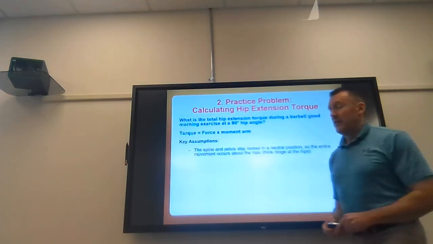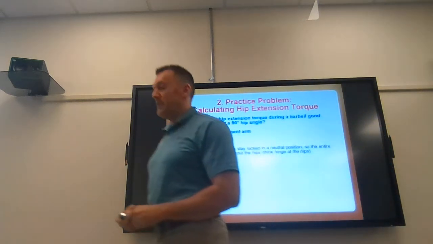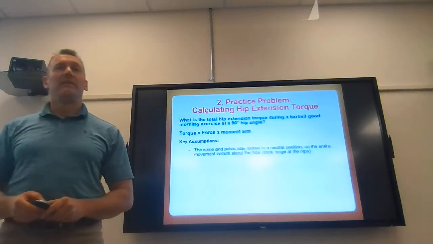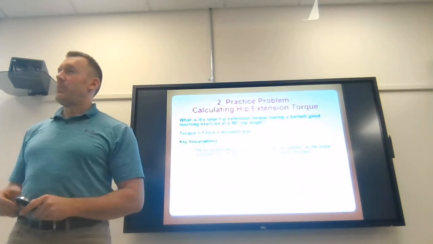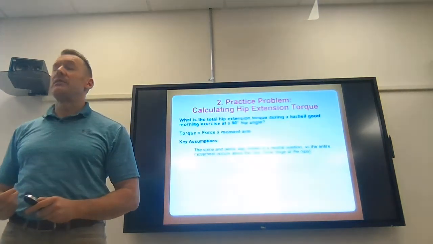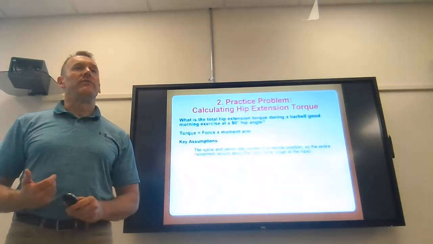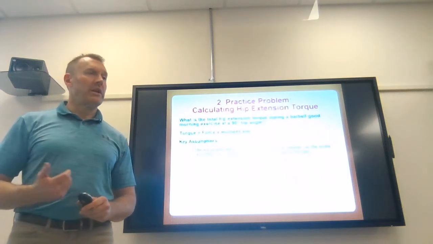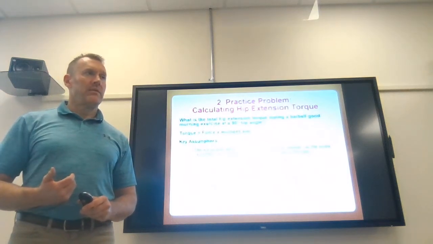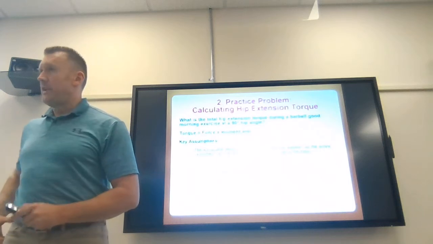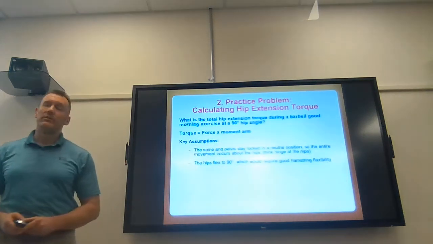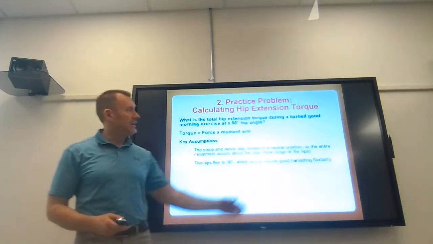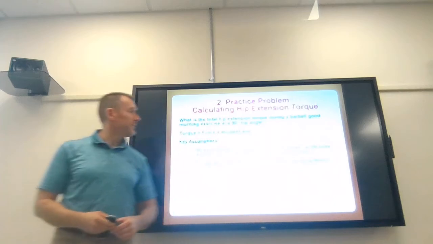The first assumption is that the spine and the pelvis are locked as one segment, so the pelvis and the torso are rotating about a fixed femoral head. The cue is to think of a hinge at the hips.